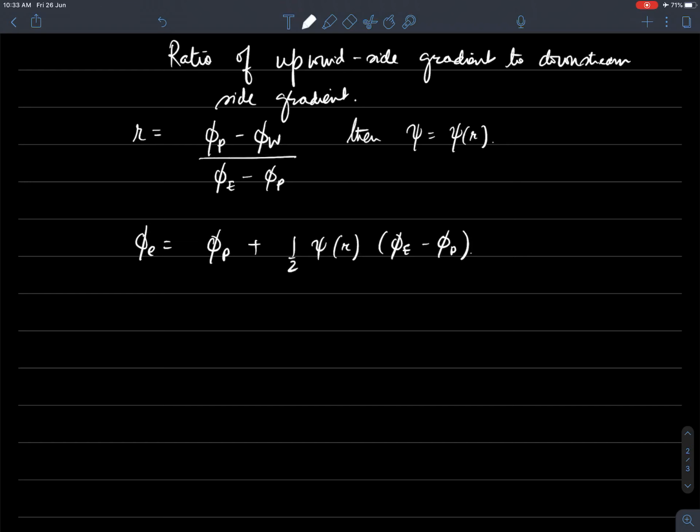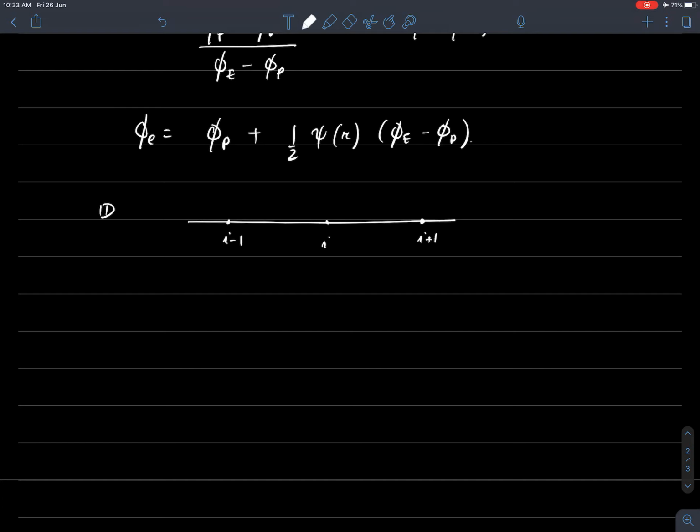So let me talk about the total variation first, and let's look at a grid. Let's say we have grid point I plus 1 and grid point I minus 1. Again, I'm doing this for a 1D grid, but of course the same idea will also apply to 2D and 3D.